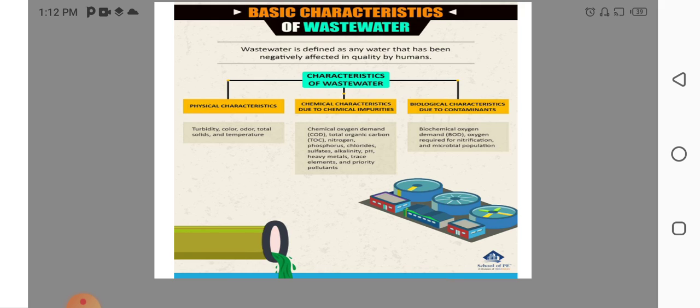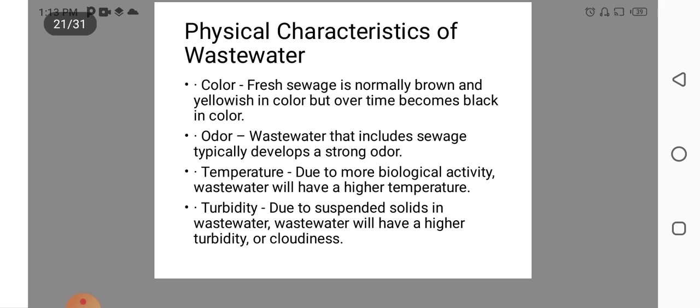Chemical characteristics are COD, chemical oxygen demand, total organic carbon, nitrogen, phosphorus, chloride, sulfide, alkalinity, pH, heavy metals, etc. Biological characteristics are BOD, biochemical oxygen demand, oxygen required for nitrification and microbial population.